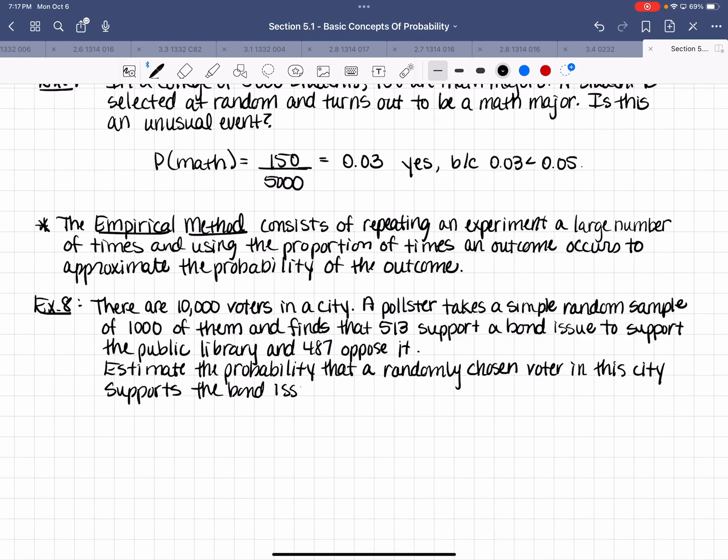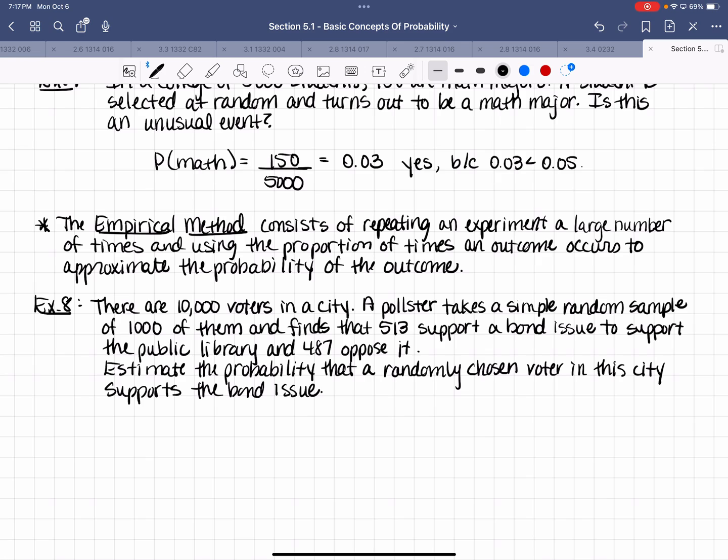Now, this particular problem deals with the empirical method. There are 10,000 voters, but they're selecting 1,000 of them, and from that 1,000 they find out that 513 support and 487 do not support.